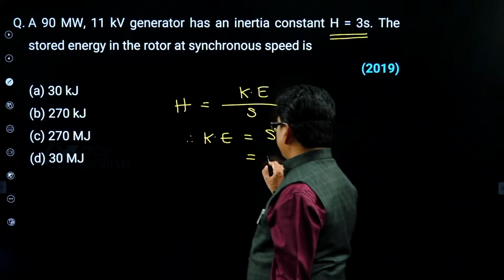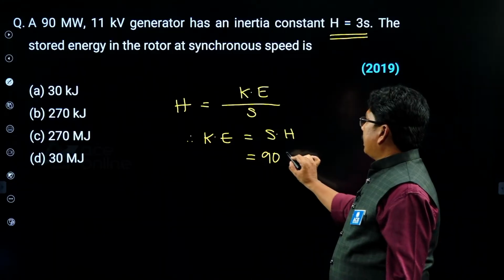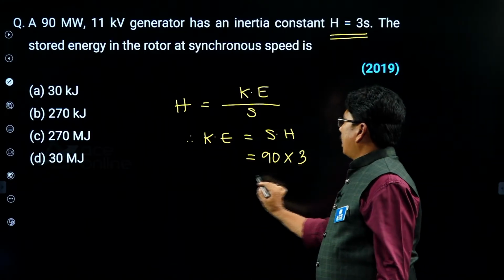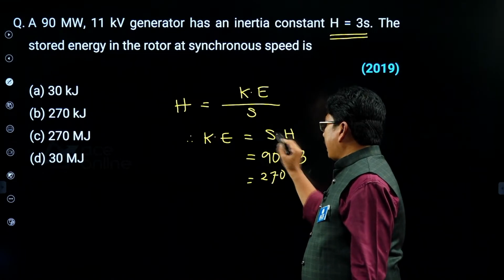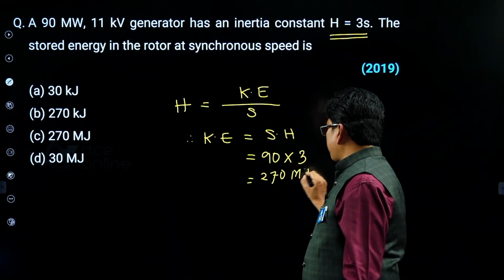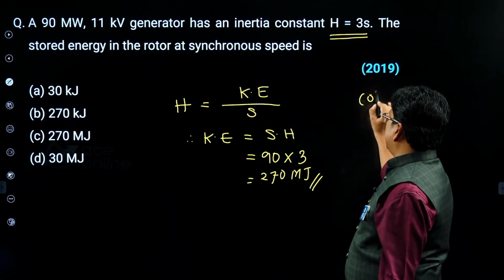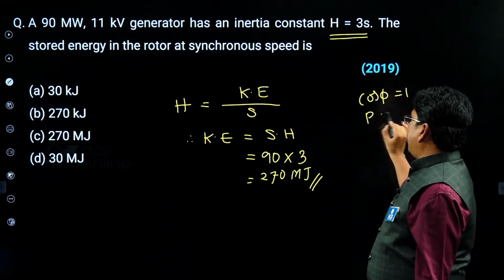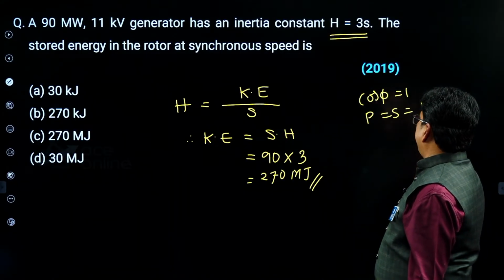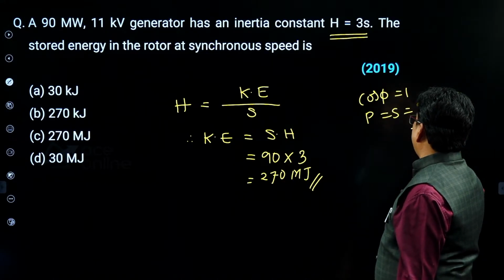90 MVA for power factor equivalent to 1, students. And the value of H is given 3. We can take it as 270. It will be in megajoules. When cos phi is equivalent to 1, we can take P is exactly equivalent to S. It is 90 MVA or 90 megawatt.